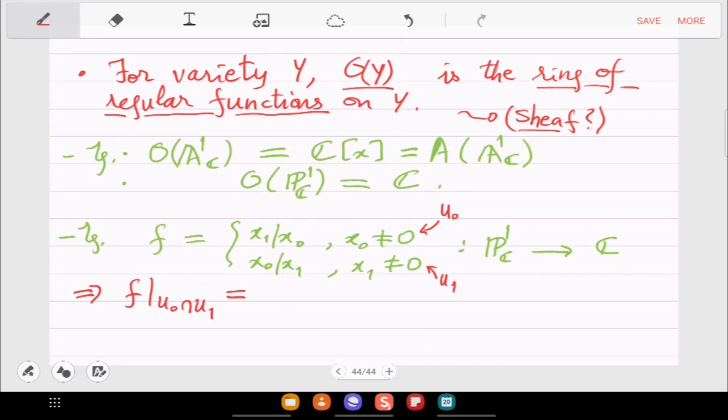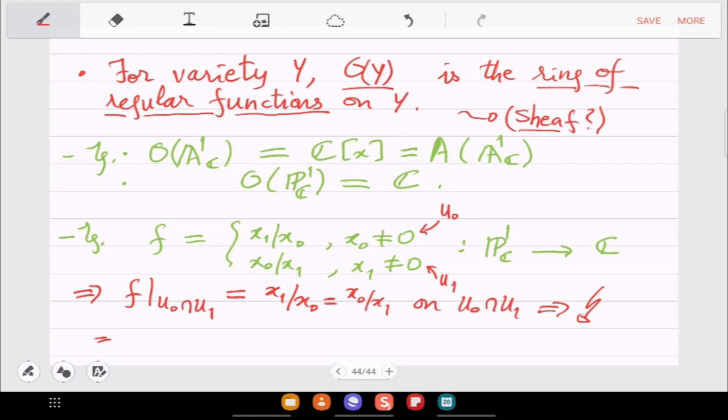So both the representations have to be equal. Now, which clearly is not the case, because you can just take x0 to be 1 and x1 to be 2. Right? So you are getting 2 by 1 is equal to 1 over 2. So which means that that's a contradiction. So what is being contradicted here is that this is not a regular function.